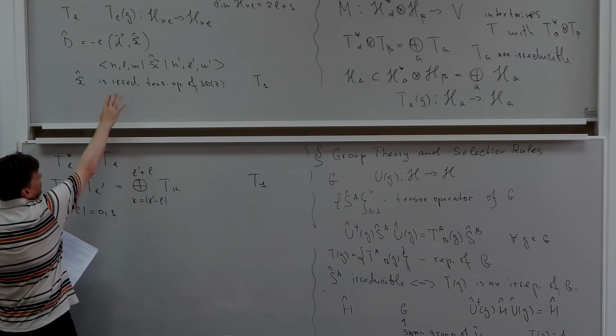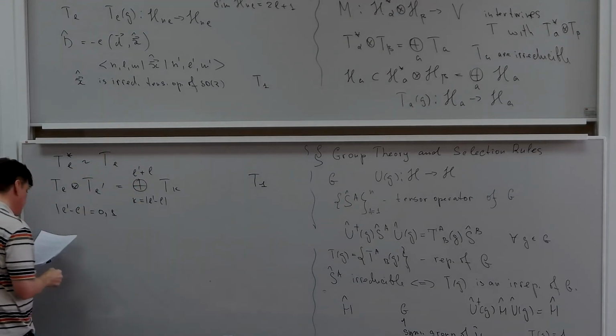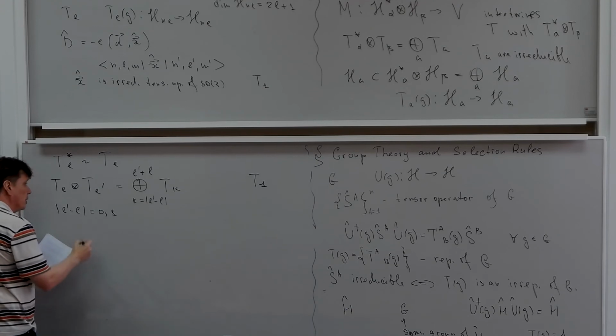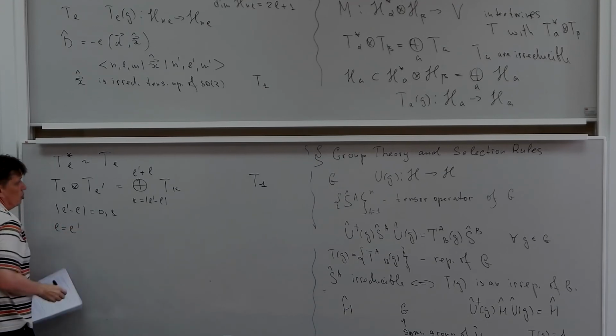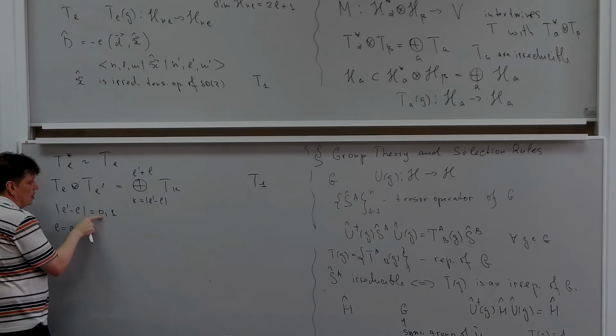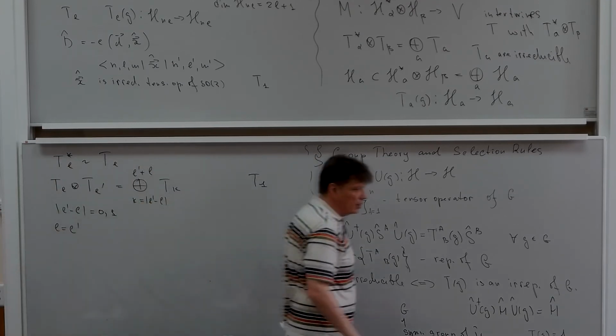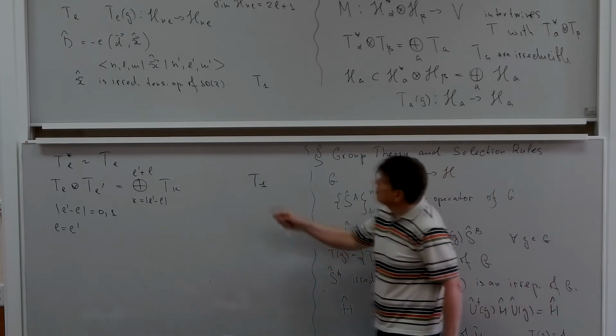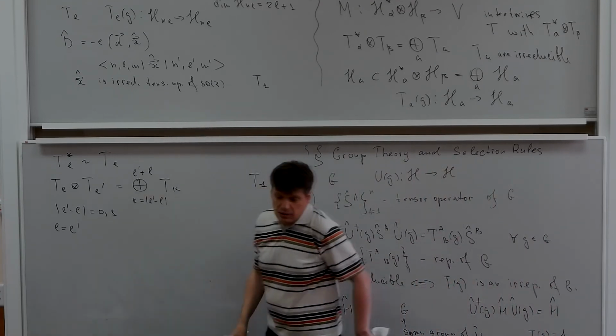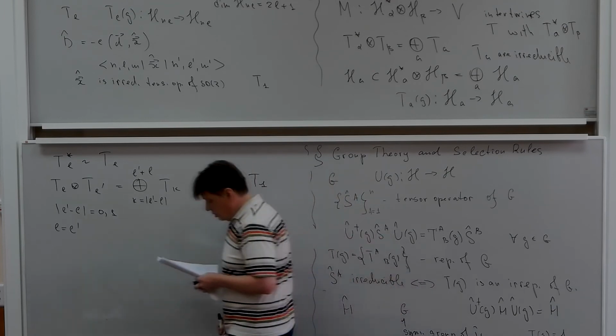Furthermore, the matrix element in question also vanishes when L is equal to L'. So the case when the difference is 0 also leads to a zero matrix element, and this can be seen as follows.